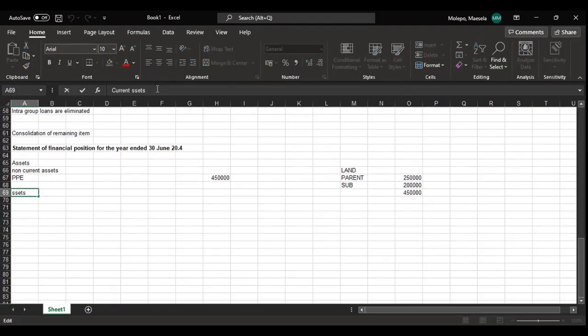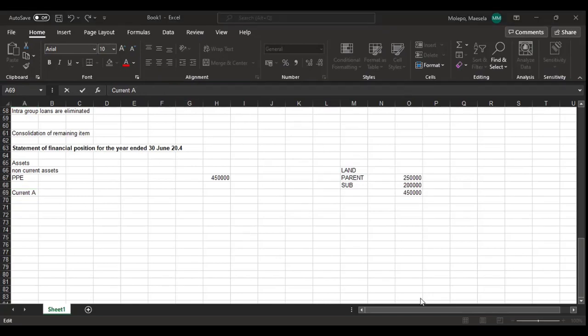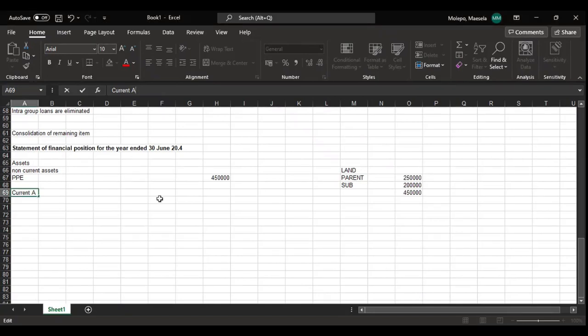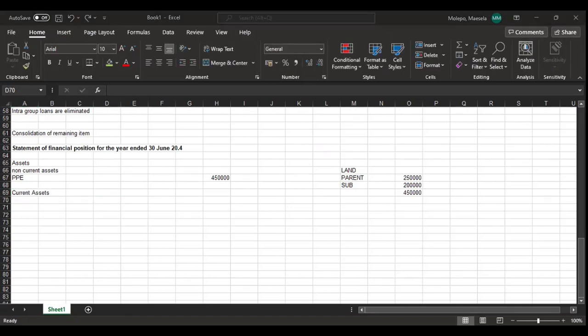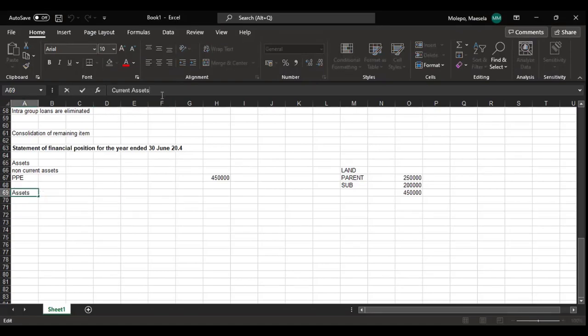The current assets. Our current assets, we have 81,000, plus 198.